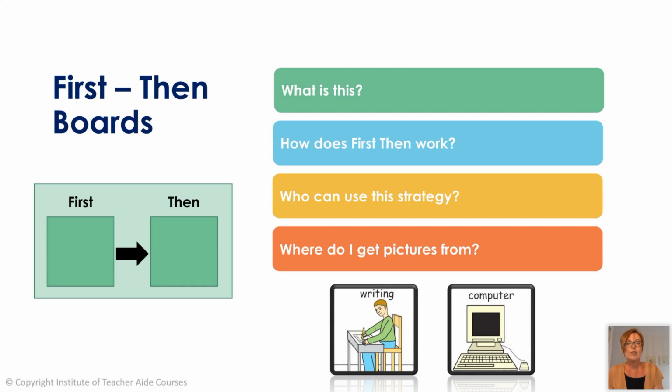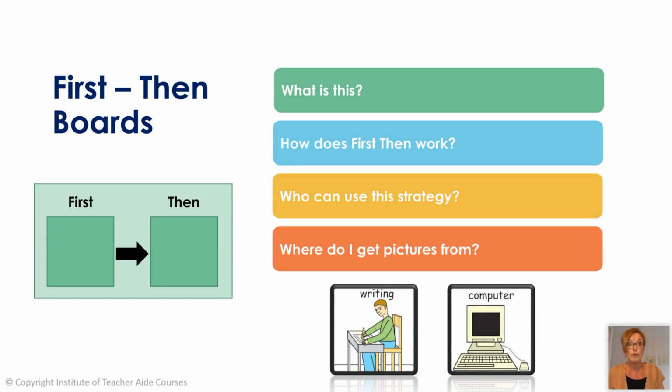So who can use these strategies? Well, a first then board is a visual strategy that parents, teachers, therapists can use to get a student to complete a desired task. A very young student, so maybe a preschooler, can use a simple first then board, or a child with autism could use a first then board.